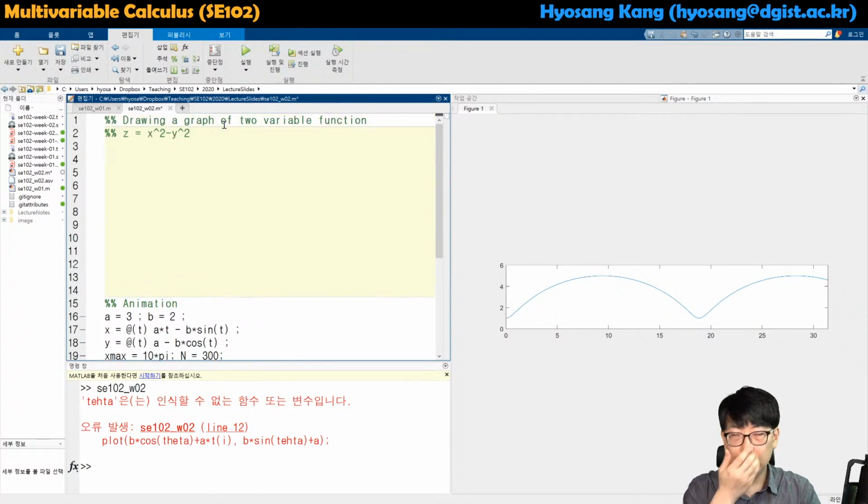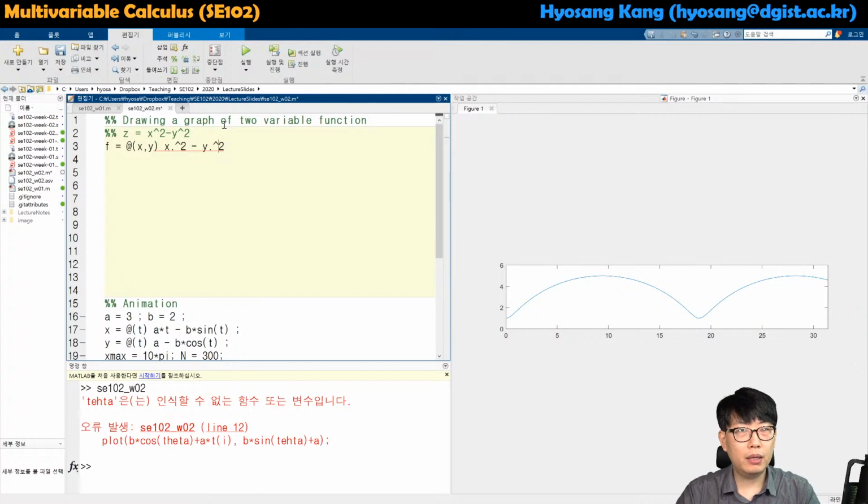First of all, let's define the two-variable function. I'm going to name it f, and there are two independent variables x, y, so I put them here, and then it spits out the number z given by x squared minus y squared.